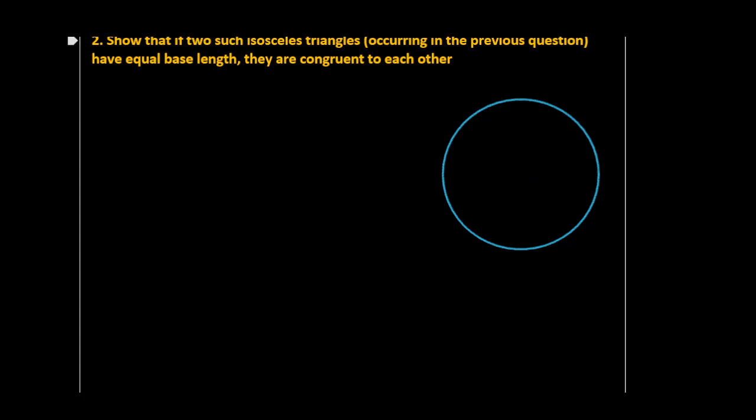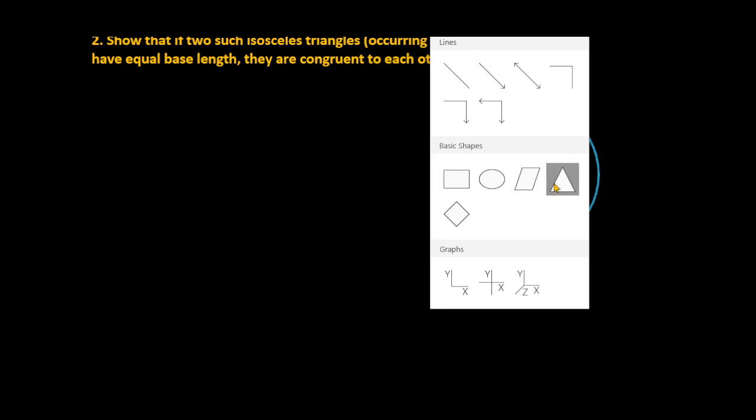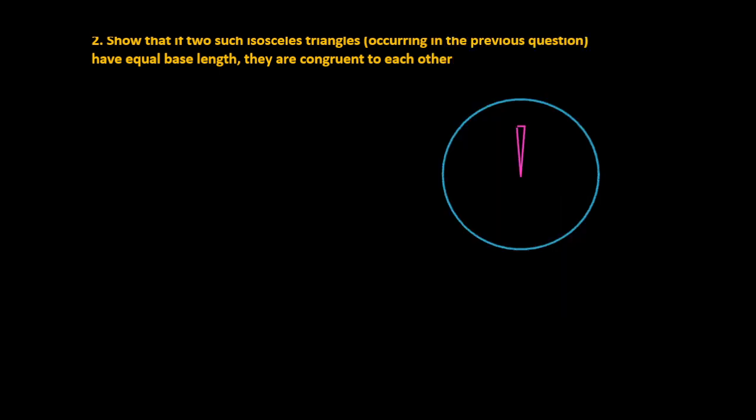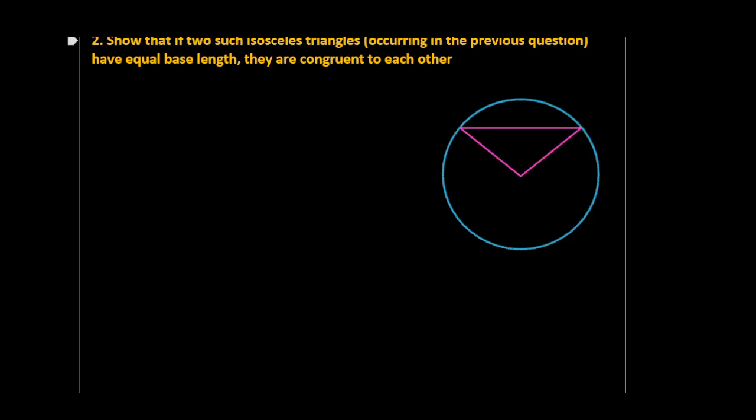We need to take two triangles. So this is one triangle, and one more. Two isosceles triangles. So these are the two triangles we can take.